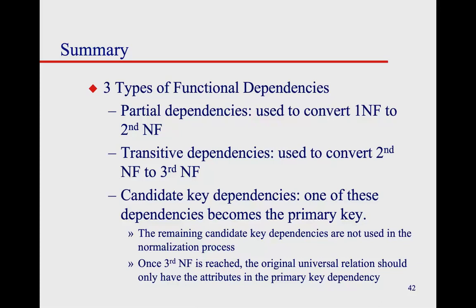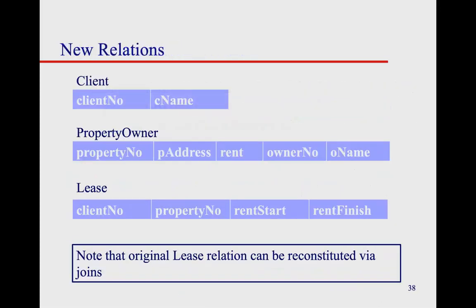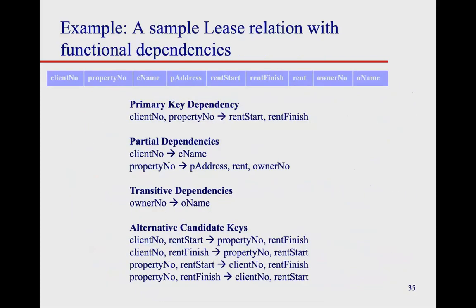Now, what I want to do is go back for a moment and show you that you can get a different set of second normal form relations if you choose a different primary key.